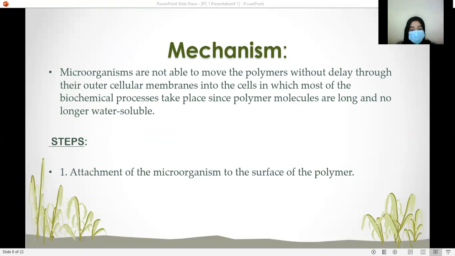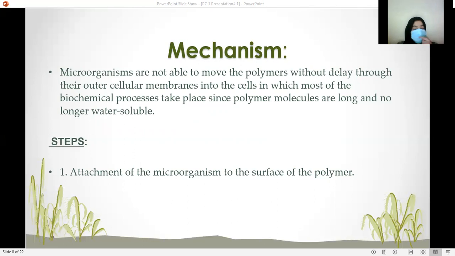The extracellular enzyme secreted by the organism causes the primary chain to cleave, leading to the formation of low molecular weight fragments like oligomers, monomers, dimers. These are low molecular weight compounds, which can be further utilized by microbes as a carbon source.